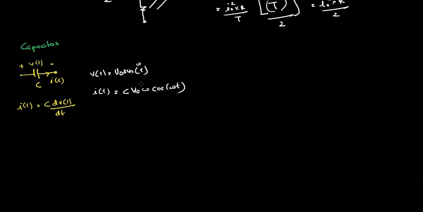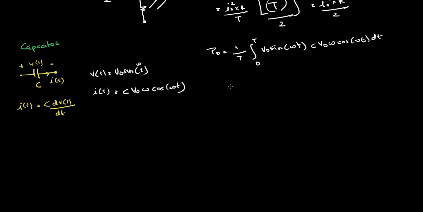Now if you write the expression for power dissipation, this will be equal to 1 by T integral 0 to T of the voltage, which is V0 sine omega t, into C V0 omega cos of omega t dt.